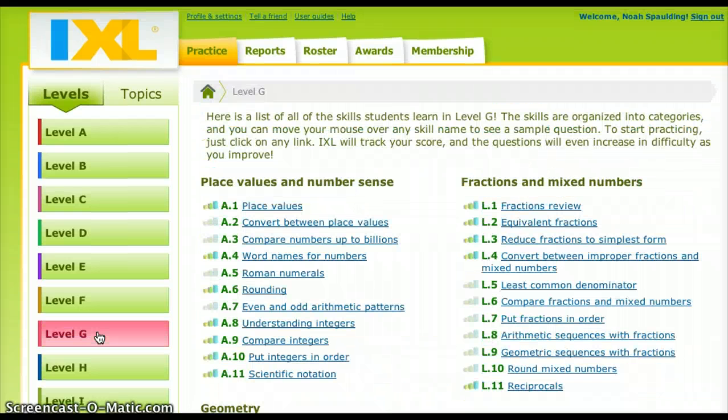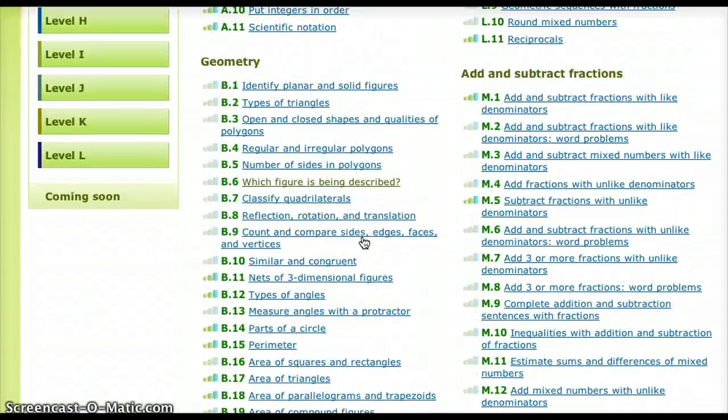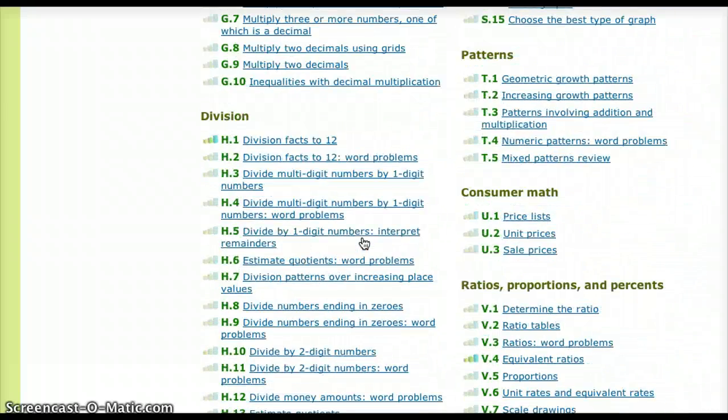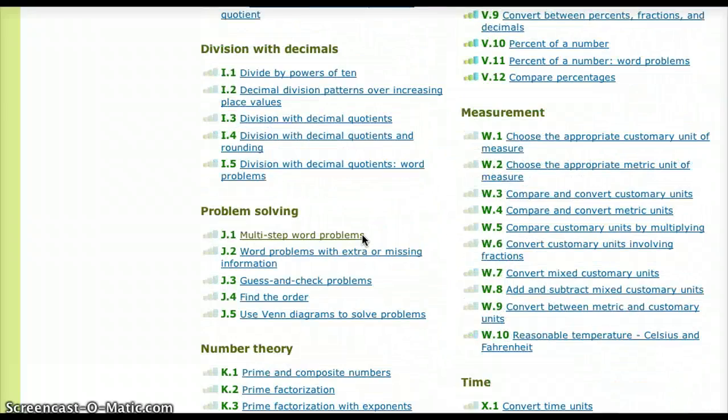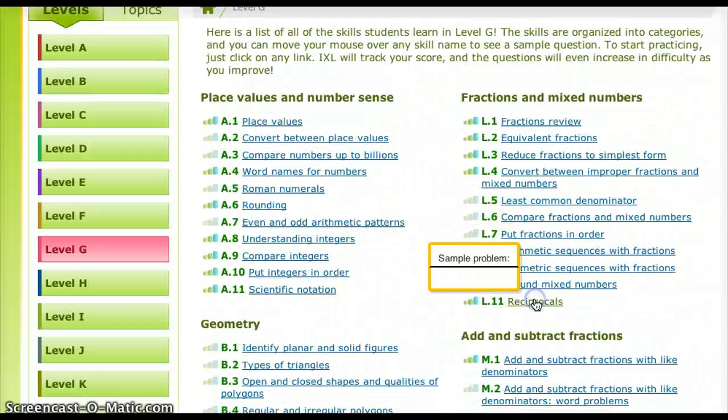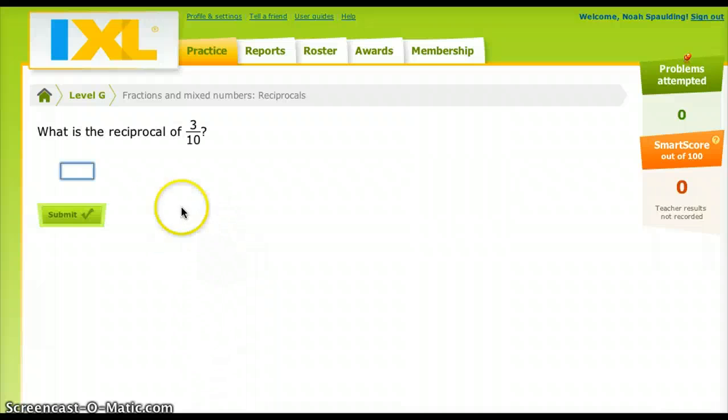Okay, so let's go to the next skill that's going to be for homework. Level G, L11, which is reciprocals.